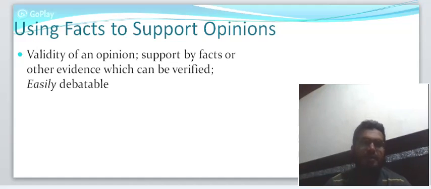So, not always, but in some cases even scientific facts can be challenged, and obviously opinion can always be challenged. So this is the difference between the two. Opinion is easily debatable, it can easily be thwarted by a stronger argument.